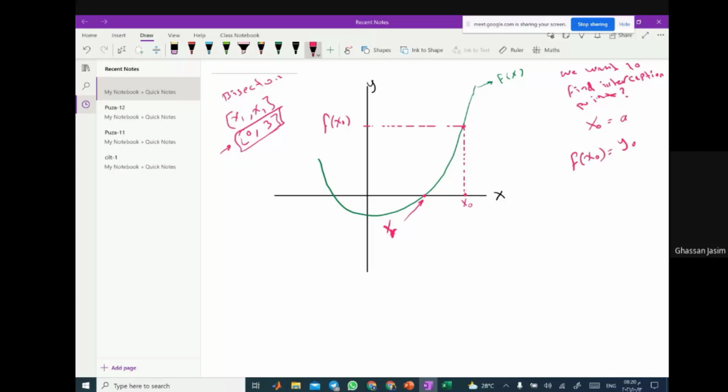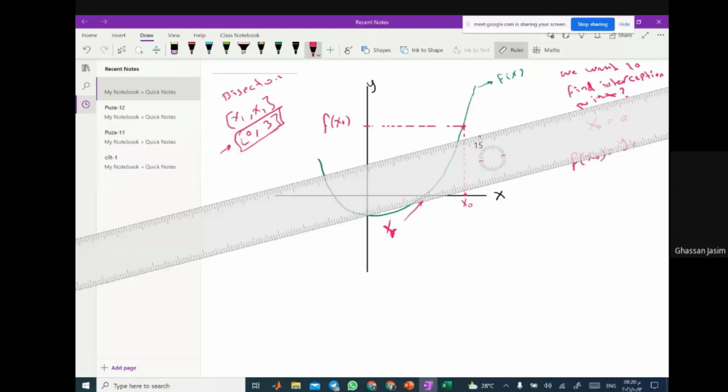At this point, the slope touches the function, the slope like this.